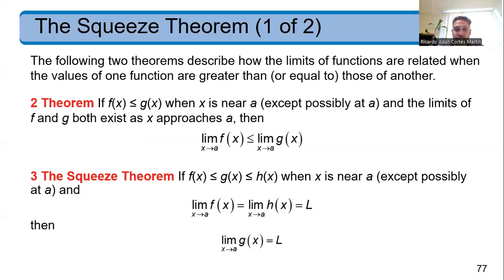It states the following: if I have a function that is less or equal to another when approaching a certain value, then the limit is also going to be less or equal.